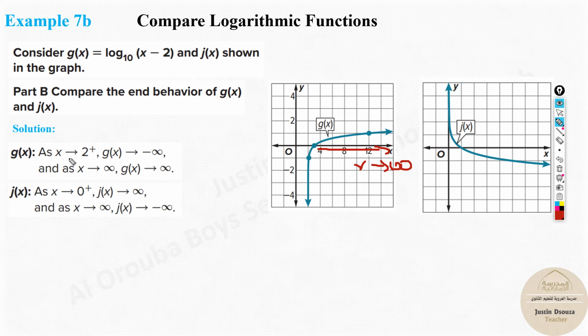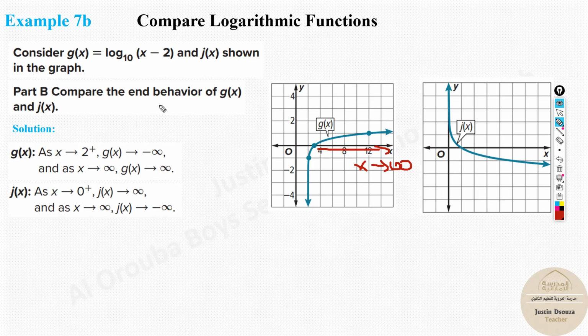So for this g of x, as x goes towards infinity, you can see the function is going towards infinity. That's fine. Now, as x is going towards 2 plus, more than 2, that's what they mean. There is one important thing which you must remember. But what is this 2 plus?